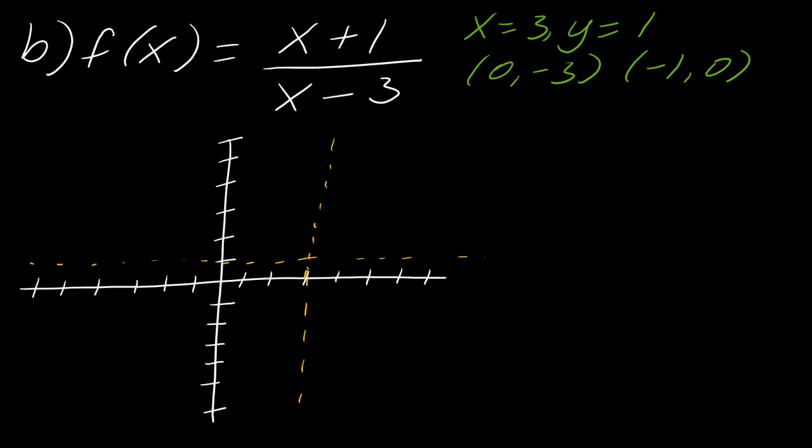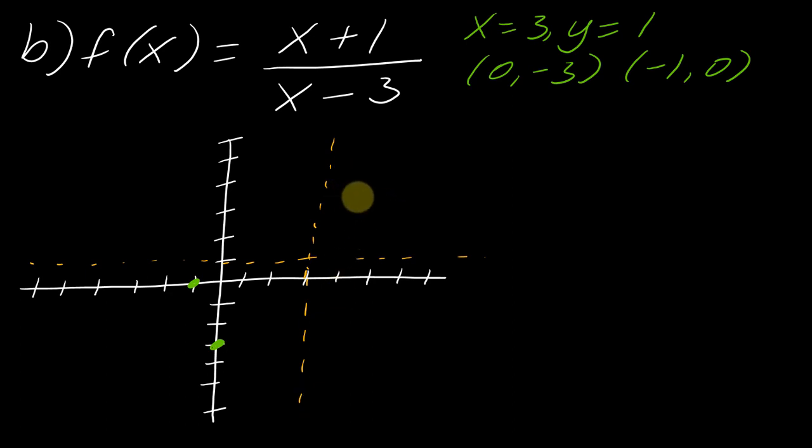I also need to mark the points 0, negative 3 right here, and negative 1, 0 right here. These points give me enough information for this part of the graph, because I need my graph to go through these points and then go towards the asymptotes.